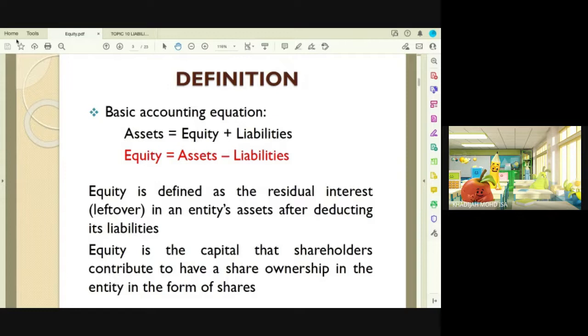In other words, your equity is what is left of your asset after you deduct your liabilities. It is the residual interest, the leftover in an entity's asset after deducting liabilities.